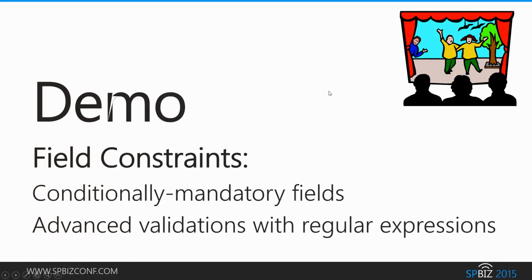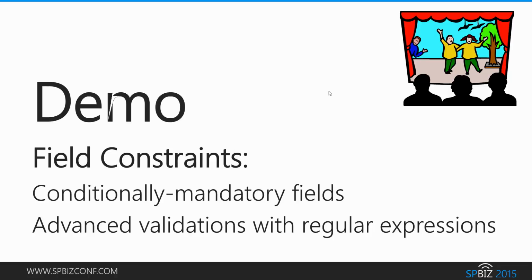Next feature that I'd like to demonstrate is field constraints or field validations. You might say, okay, SharePoint already has validation rules. You can say, I want a field to be mandatory, or if a field is a number, I can validate it and say, yeah, it needs to have a value in some range.